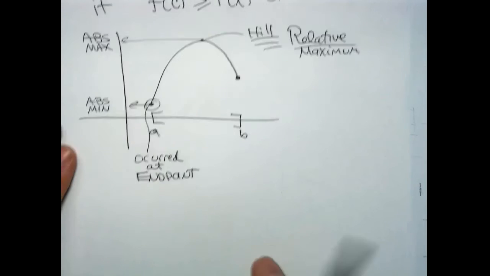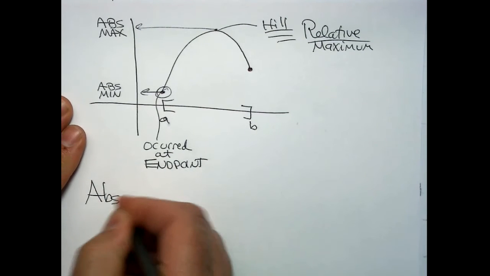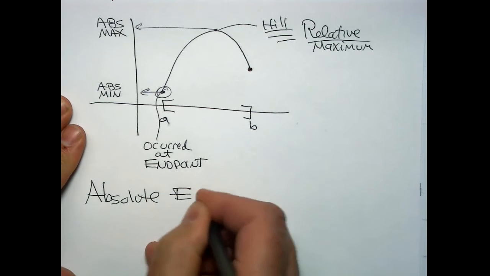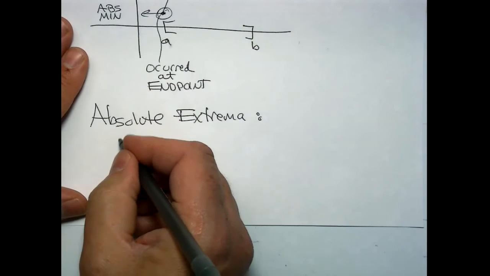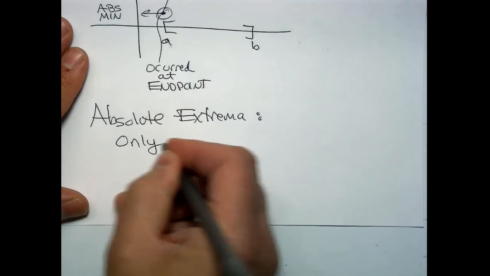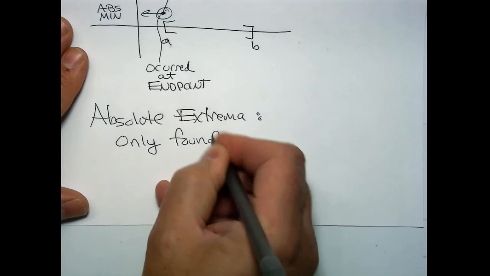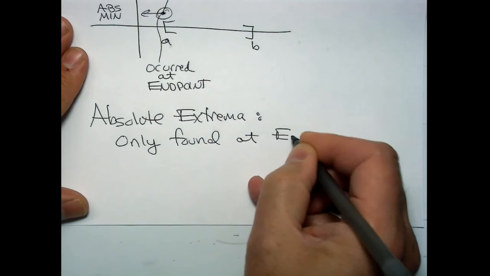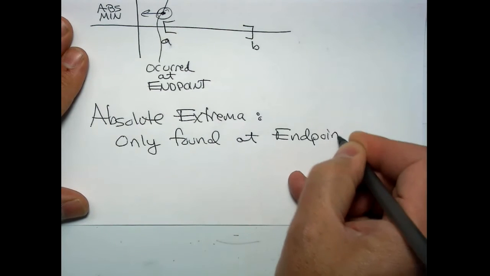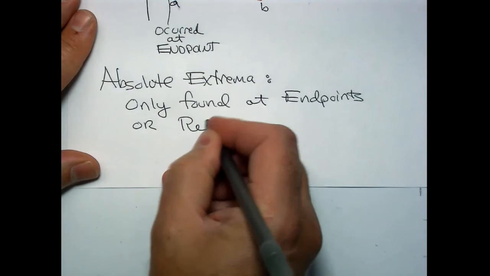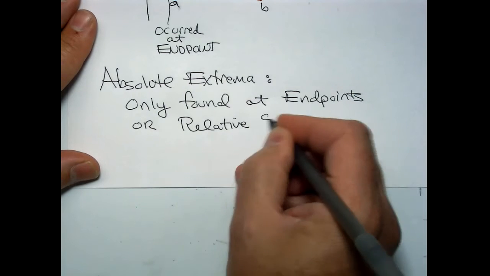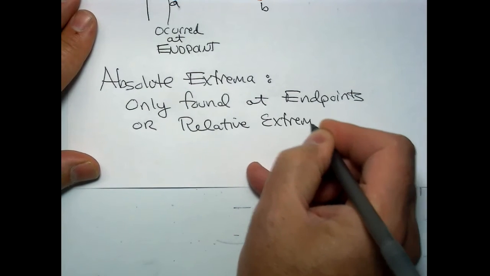So, absolute extrema are only found at the endpoints or at the relative extrema.